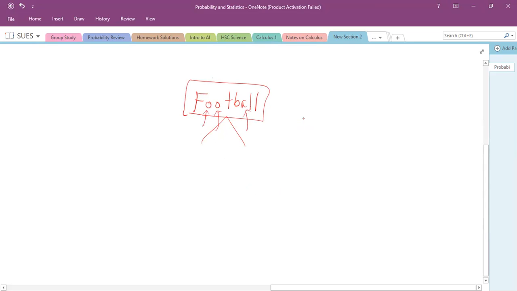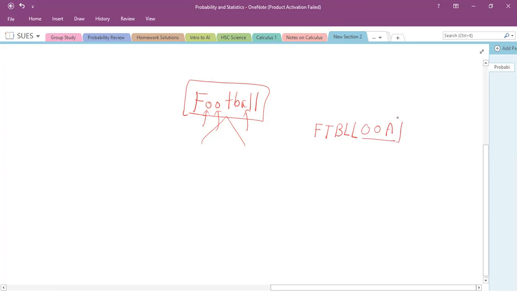So if I write it this way, let's say we take F, and then T, and then B, and then double L, right? And for these 3 vowels, O, O and A, we just write them at the end, because it is said in the question that all vowels are always together.